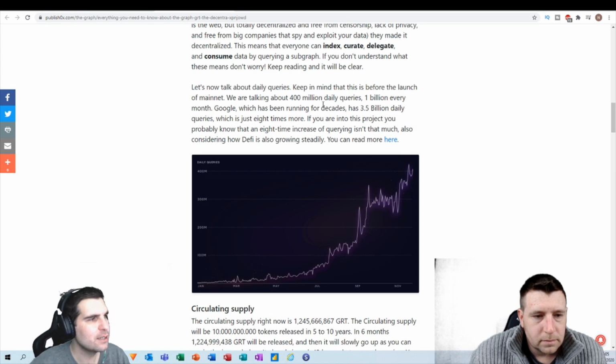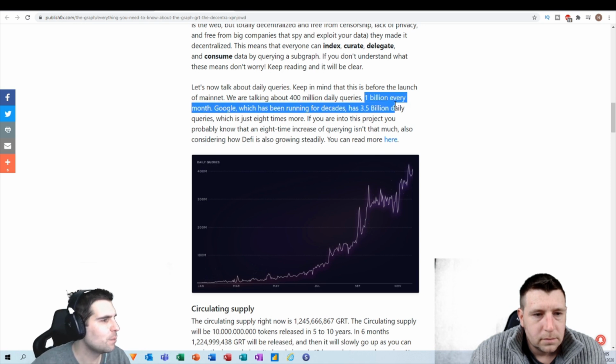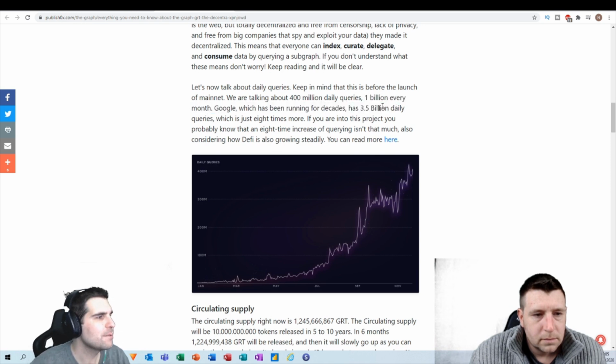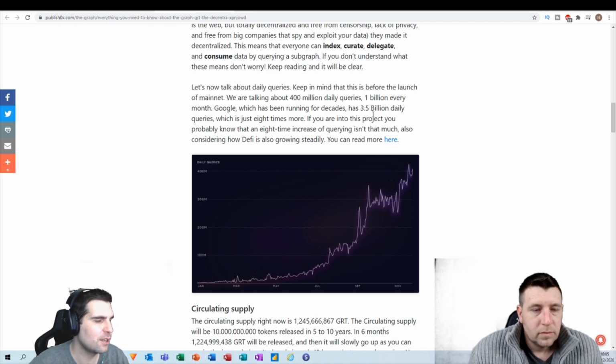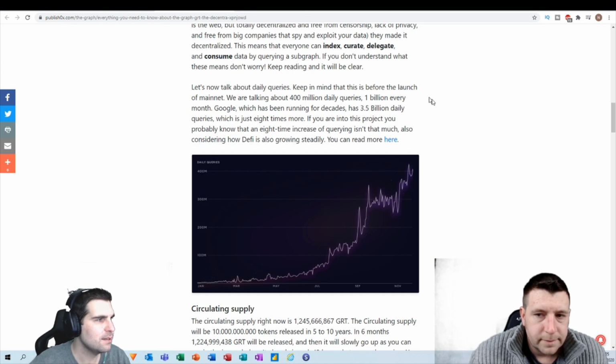That is still a huge number of queries happening just for the Ethereum network. That equates to basically 1 billion every single month. So absolutely massive. And you could see, if more people and more blockchains adopt it, they're going to get close to the 3.5 billion that Google currently has.